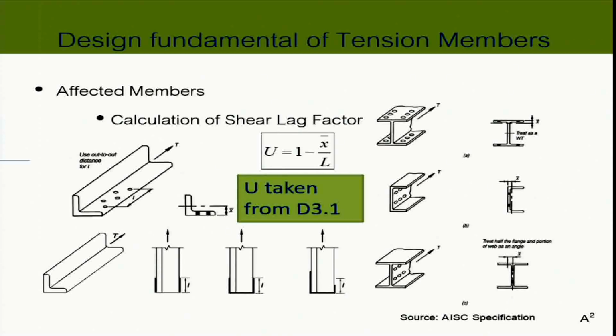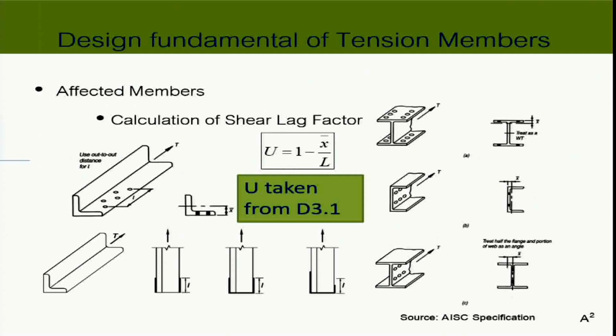The force is here at the centroid. And when the force comes to the connection, now the force needs to go through the connection to somewhere else. So it has to change direction, just like a car changing lanes from the centroid to this plane. So this is the distance that it has to travel.